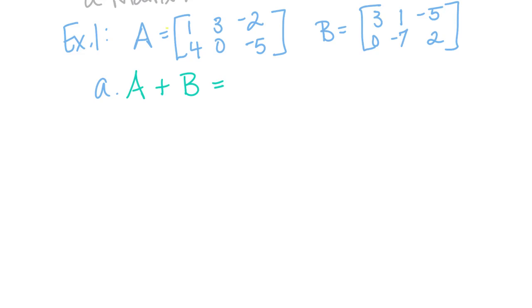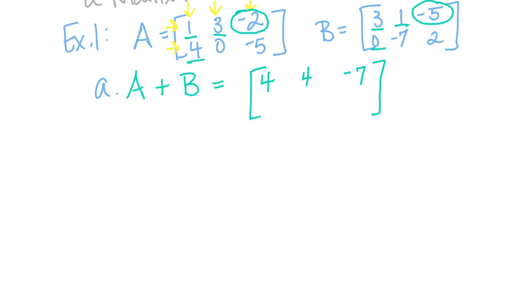Notice again, this is two rows by 3 columns. So we're literally just going to add the first row, first column with first row, first column. 1 plus 3 is 4. Next, 3 plus 1 is 4. Next, -2 plus -5 is -7.